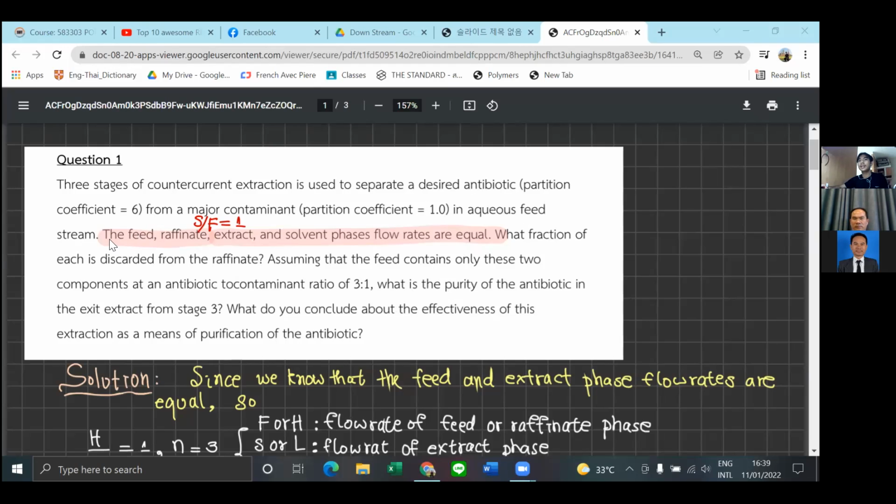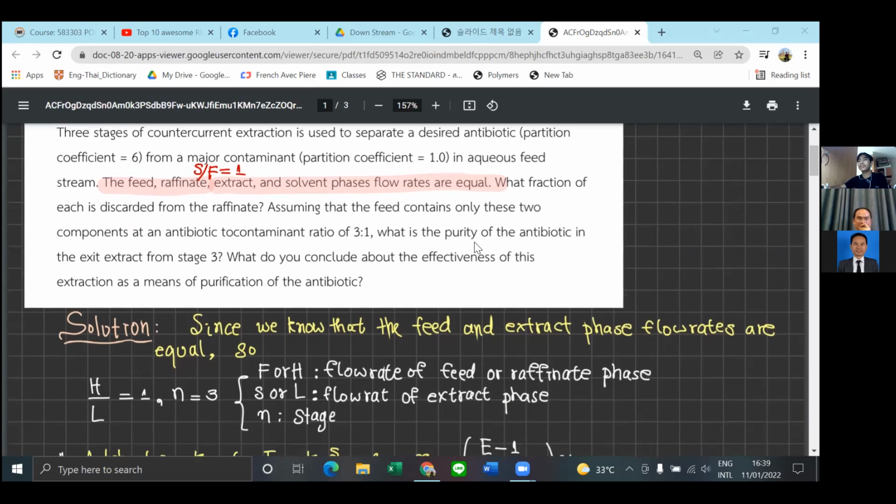So they state the partition coefficient of the antibiotic and the partition coefficient of the contaminant as well. And they also tell us that the feed, raffinate, extract and solvent phase flow rates are equal.